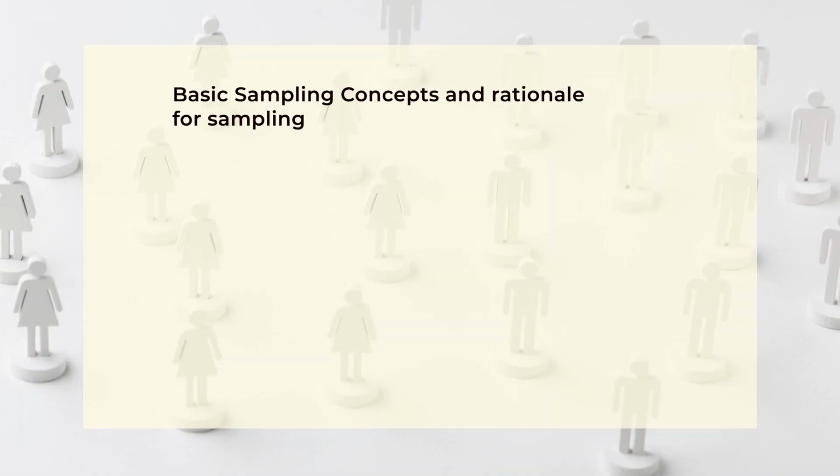Now, if we want to sum up this session, we began by identifying basic sampling concepts and also tried to understand why we need sampling at all. I mean, with conducting research, we could do with the study of the whole population.